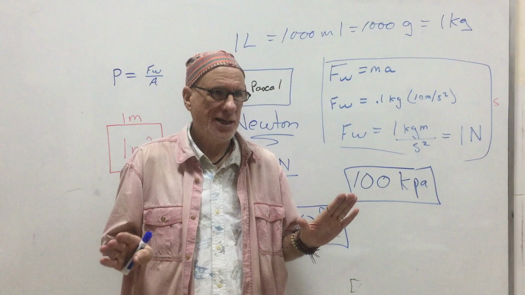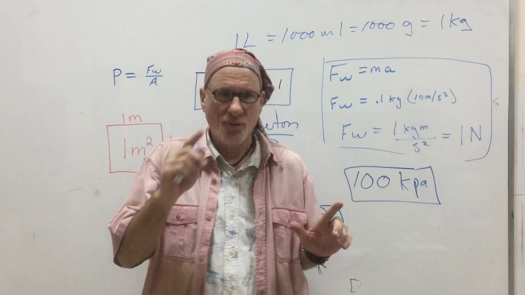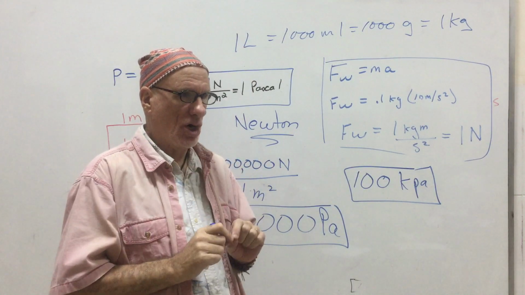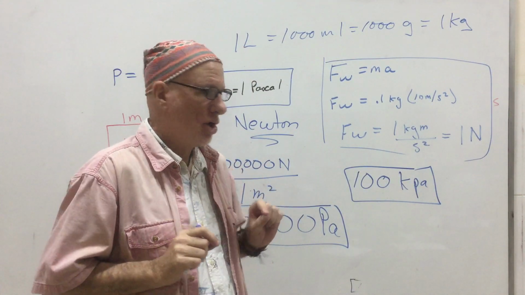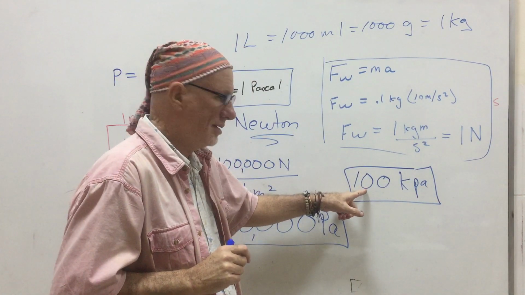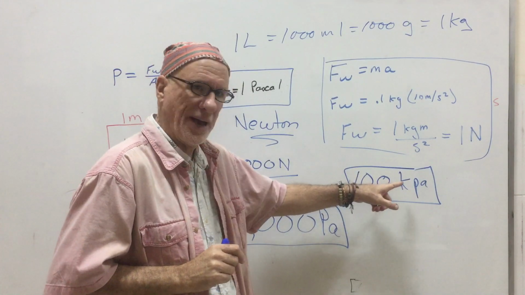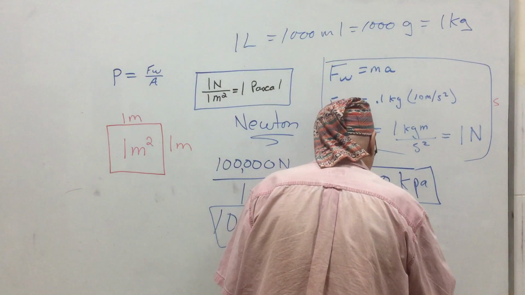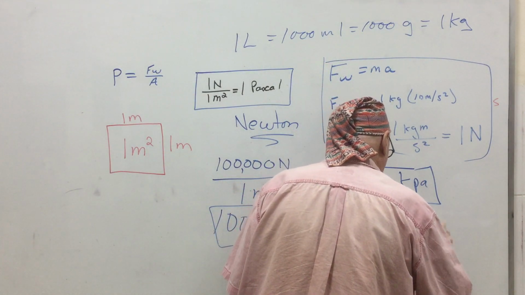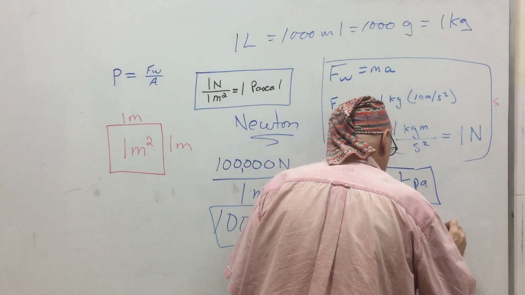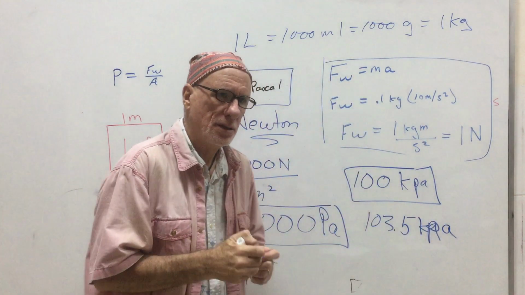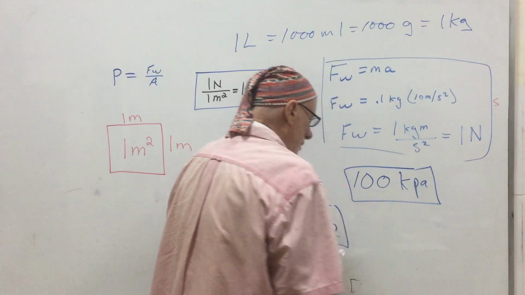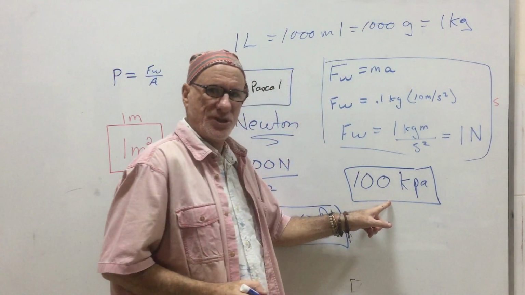That is the weight of 1 atmosphere per square meter, 100 kilopascals, plus a little bit more. It's actually 103.5 kilopascals, but that's approximately it. This is 1 atmosphere.